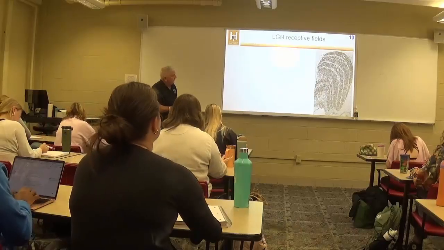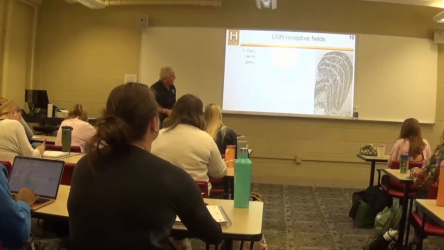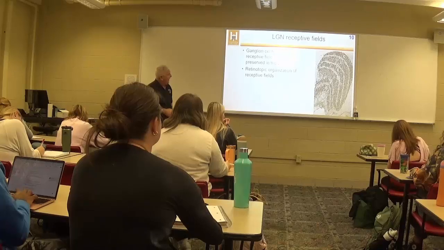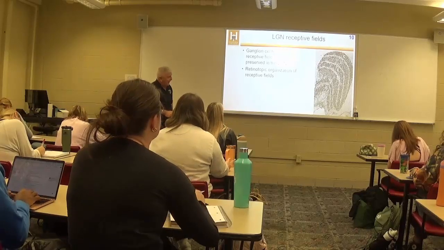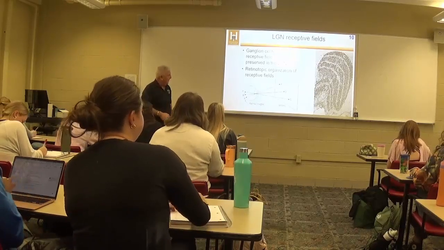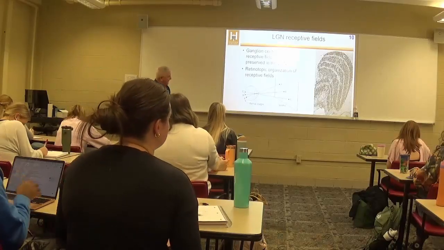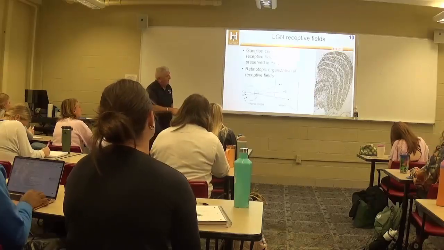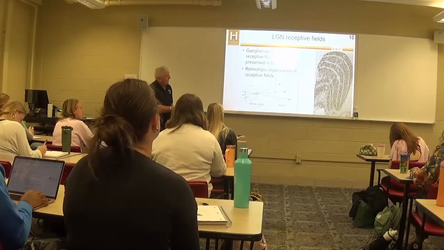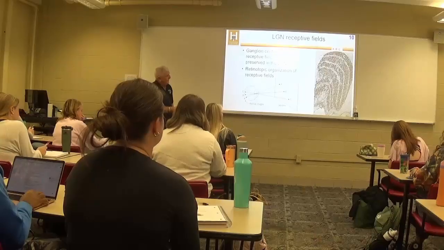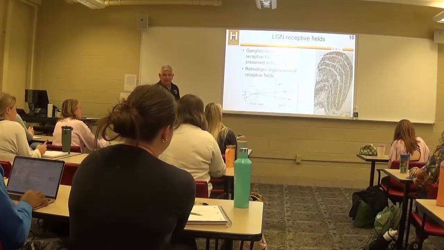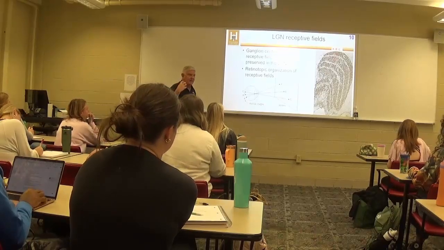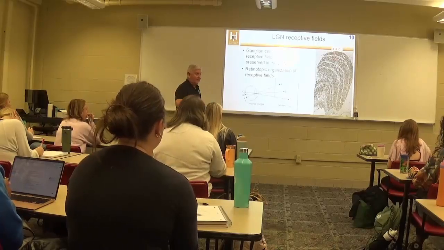So here's a picture of the lateral geniculate nucleus, and as I mentioned, there's retinotopic organization of those incoming projections. If we have A, B, C, they stay A, B, C when they get over here, in order like your eyes, like your retina, like your world.